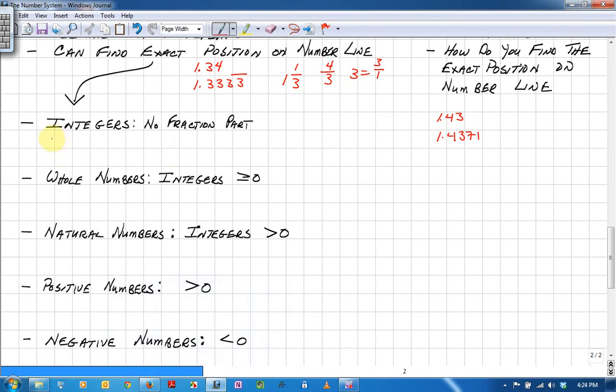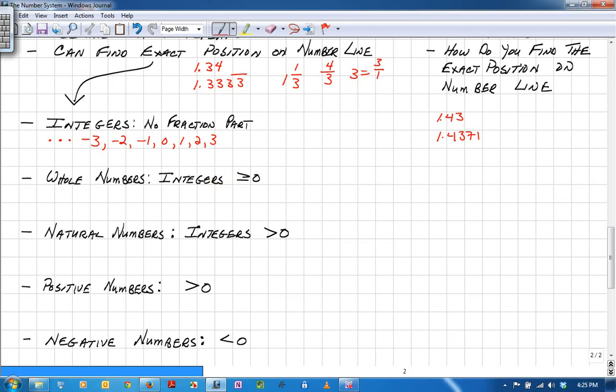So they could be numbers coming from the negative direction. It could be -3, then -2, -1, 0, 1, 2, 3, and so on and so forth.